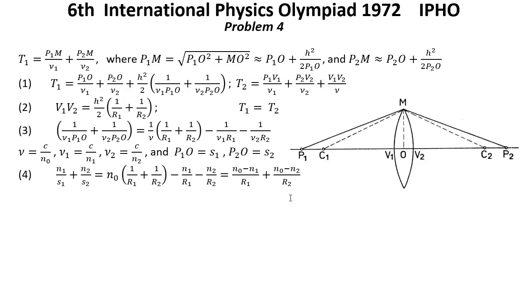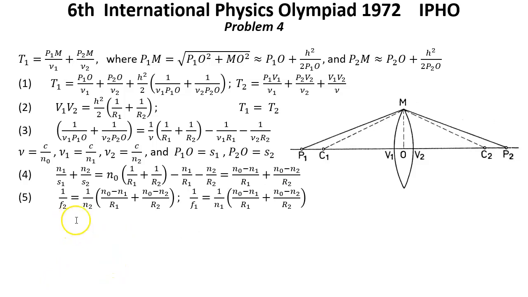If the point P1 is at infinity, S becomes the focal distance, and the same for P2. So we have 1 over F2 equal 1 over N2 multiplied by this expression, and the same thing for 1 over F1 equal 1 over N1 multiplied by the same expression.